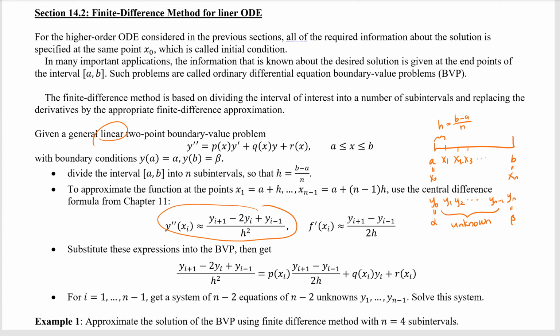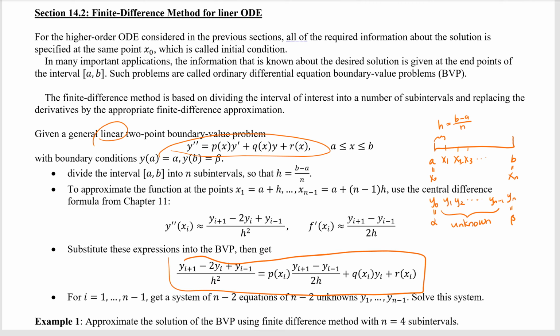So see, these are the central difference formulas. This is for the second derivative, this is for the first derivative. We studied that in session 11.1. Do you still remember that? Central difference formula. And then we can substitute these expressions into the boundary value problem, so substitute into these differential equations. We get equations with the unknowns yi plus 1, yi, and yi minus 1.